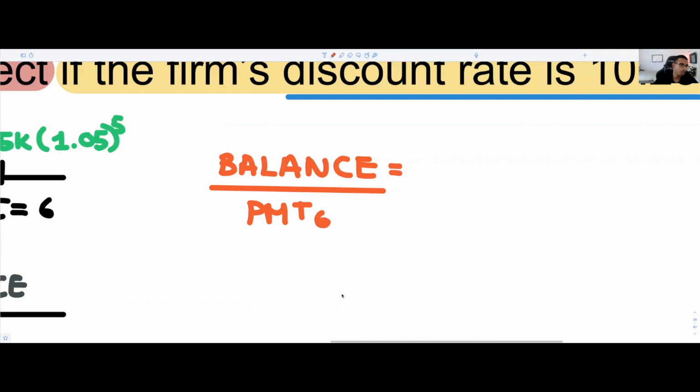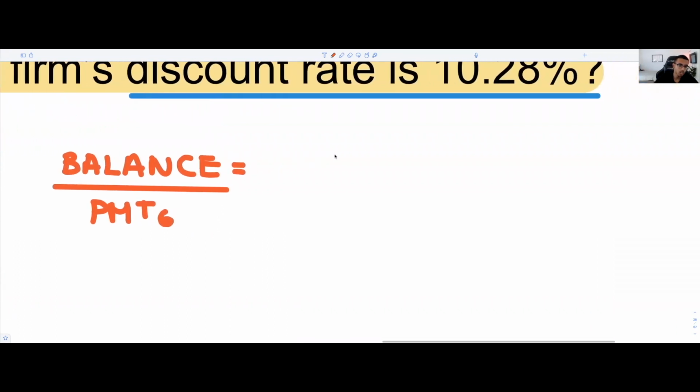Such that if we remember our balance, we had 55,775.36. That's our balance.